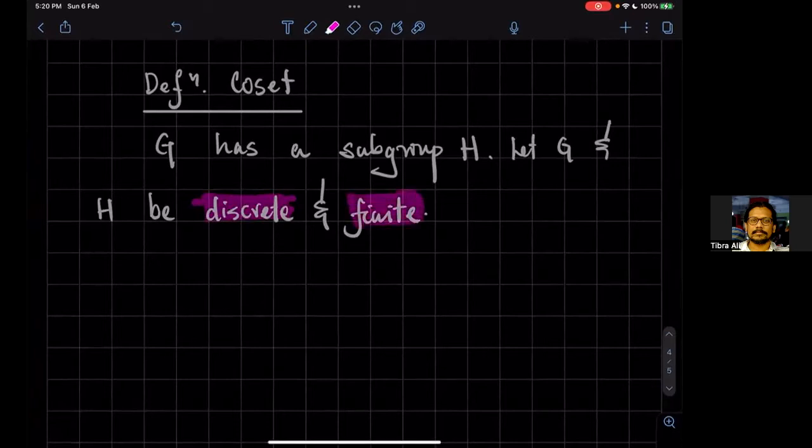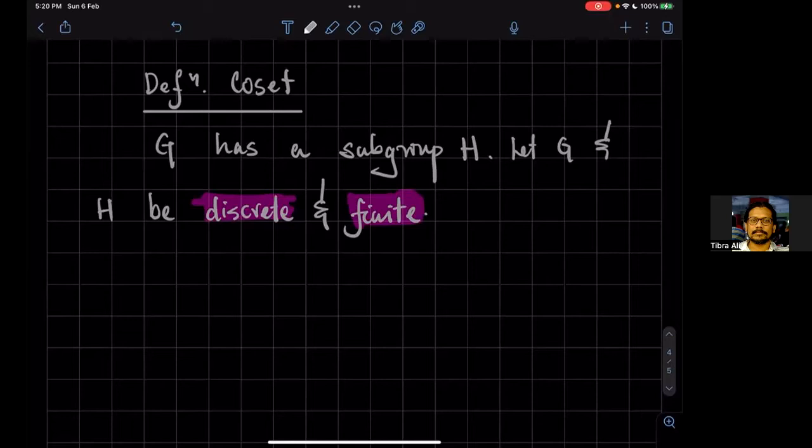A lot of the construction that we will do will essentially go through for continuous groups. My aim here is to build up the intuition for finite groups, and then when you go to infinite groups, it'll be easier.